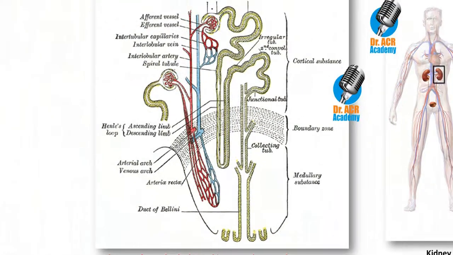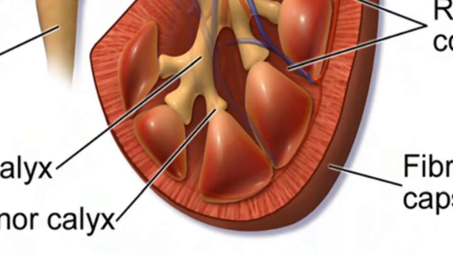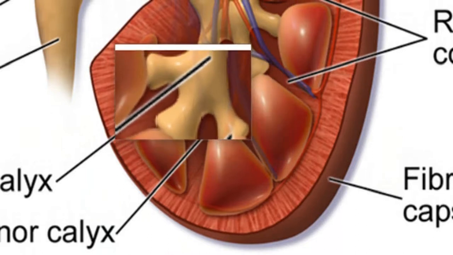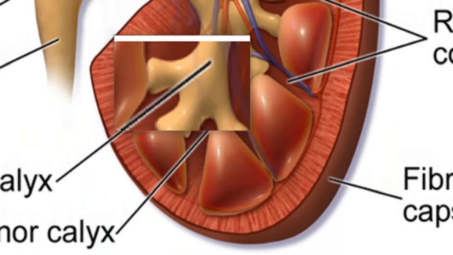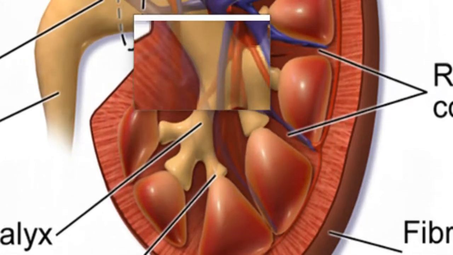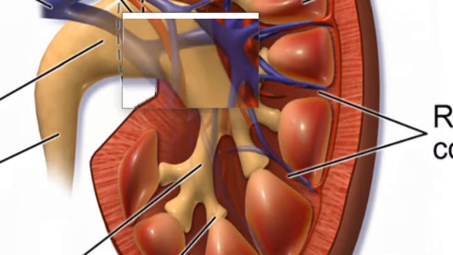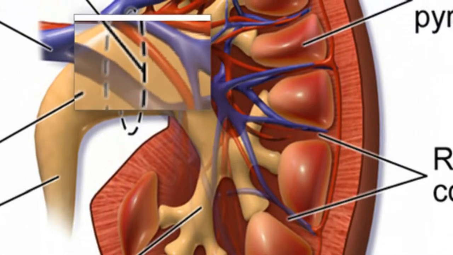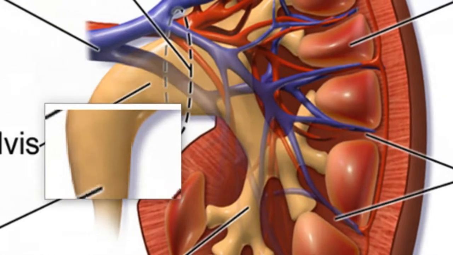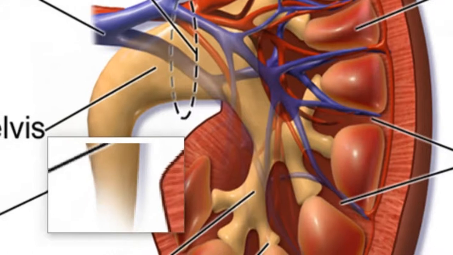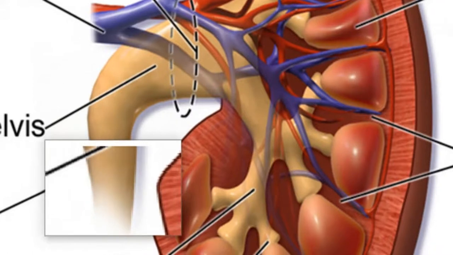Later this papillae opens into the minor calyx, and the minor calyces of many renal pyramids join together and form the major calyx, and the major calyces of different regions collectively form the renal pelvis. Later this renal pelvis continues as the ureter, and this ureter joins the urinary bladder where the urine is temporarily stored and later excreted out of the body.